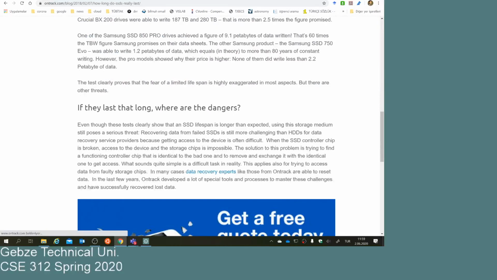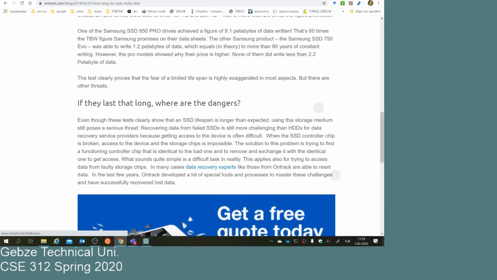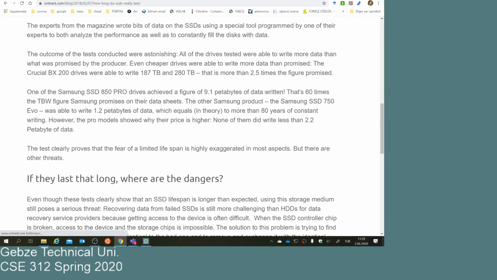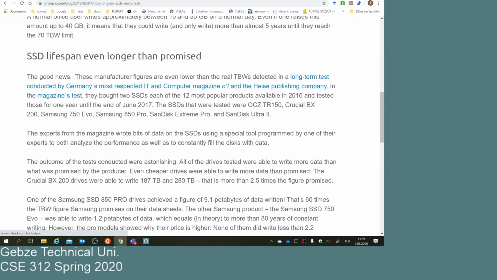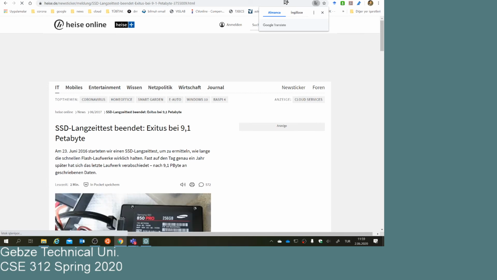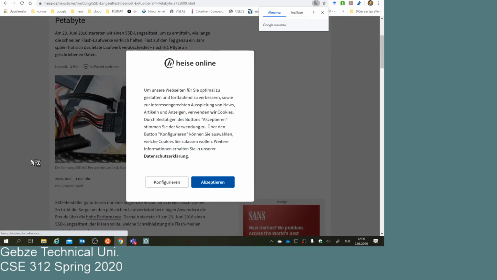They didn't give any specific numbers for that. Oh, okay, a long-term test conducted by Germany's most respected somebody. And it is in German. Let's translate it.